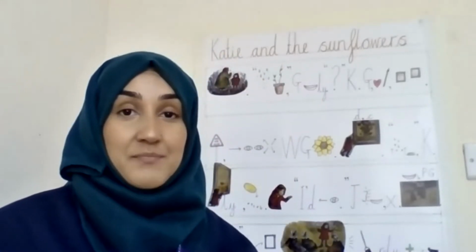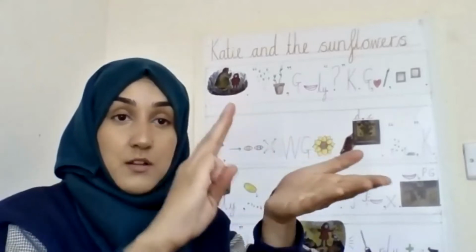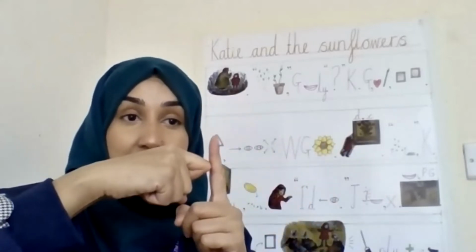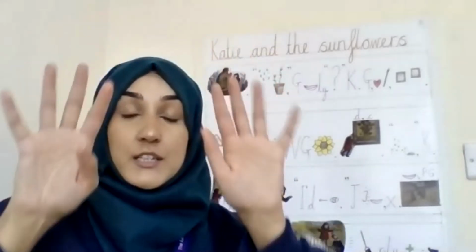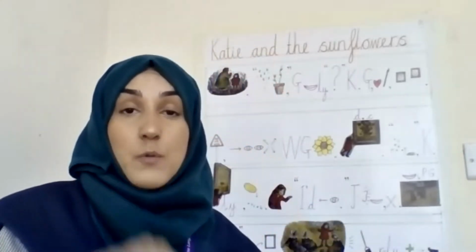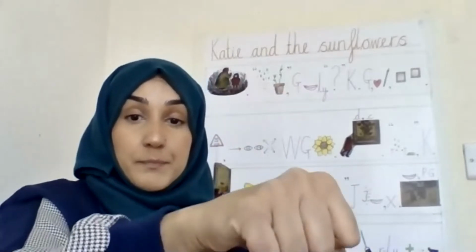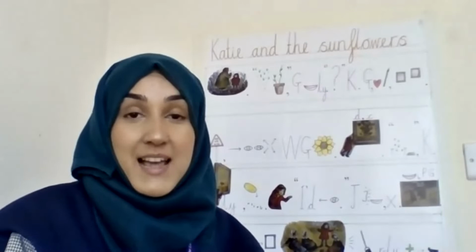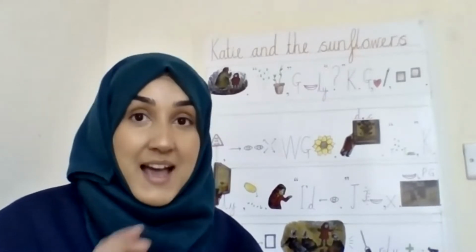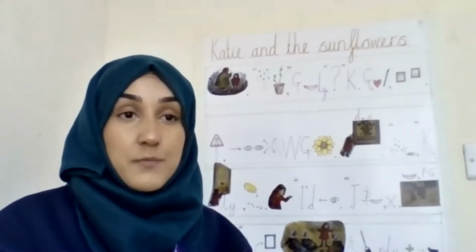Okay, let's do that one again. Grandma was helping Katie plant some seeds in the garden when it started to rain. Now we don't say full stop, we just do the full stop action. Okay, your turn. Have a go at that. I'll do the actions with you.